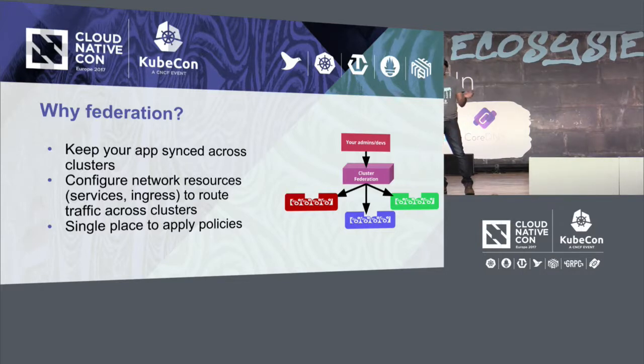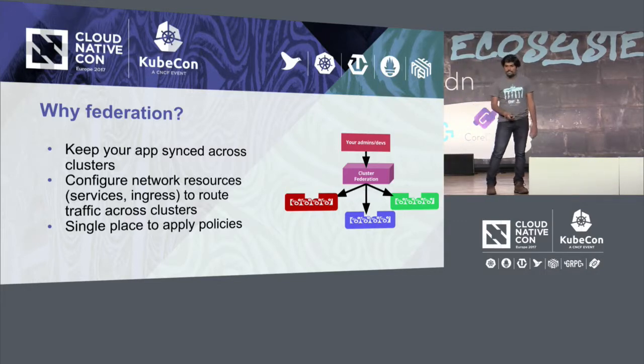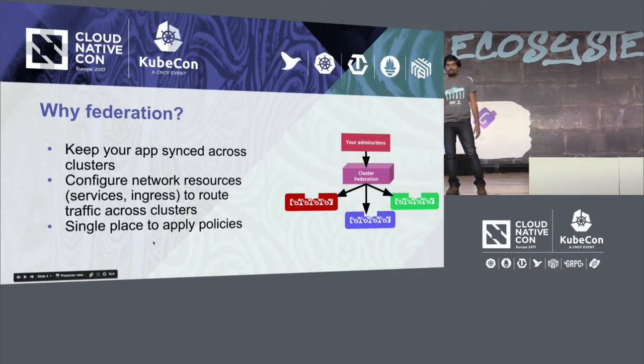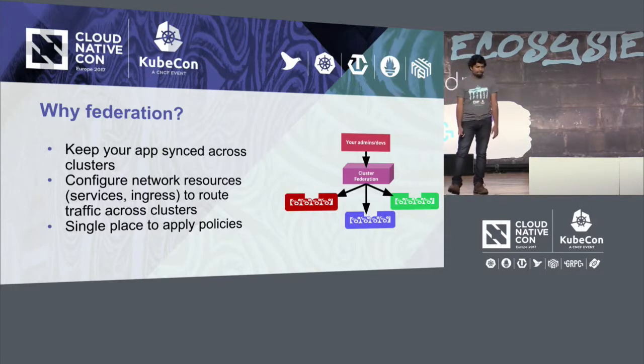With federation, you get a single endpoint, which ensures that your app is in sync across all the 3 clusters. So instead of sending those commands to all those 3 individual clusters, you just tell federation that I want this app deployed, and this is the version I want, and federation ensures that it's deployed to all the clusters. You can do rolling update, rollbacks, everything works, and all the clusters are in sync.